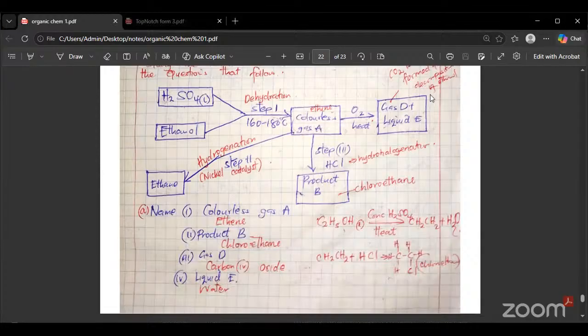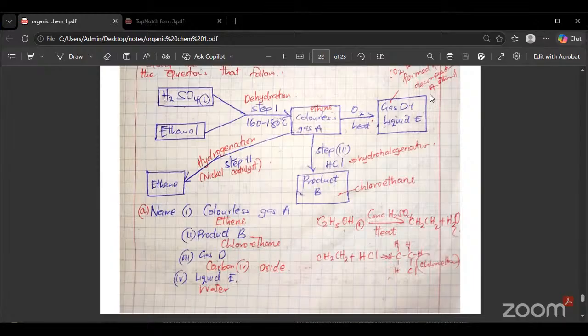Now, there's something I want to talk about gas D. Let me just ask you, because I know you are aware of this one. What do we use to test carbon dioxide? What is the chemical test for carbon dioxide? No, I'm waiting for you to answer. Teacher, carbon test?